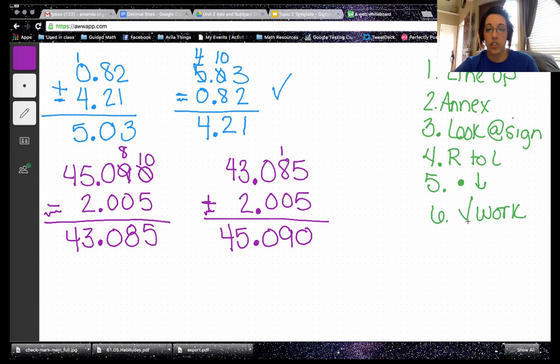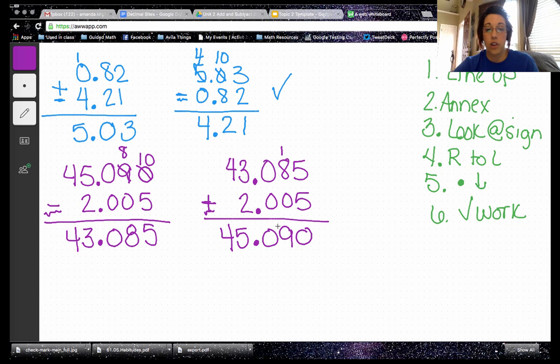And step 6, we check and see if our work checked. So 43 and 85/100 plus 2 and 5, caught a mistake, 43 and 85/1000 plus 2 and 5/1000 equals 45 and 90/1000.